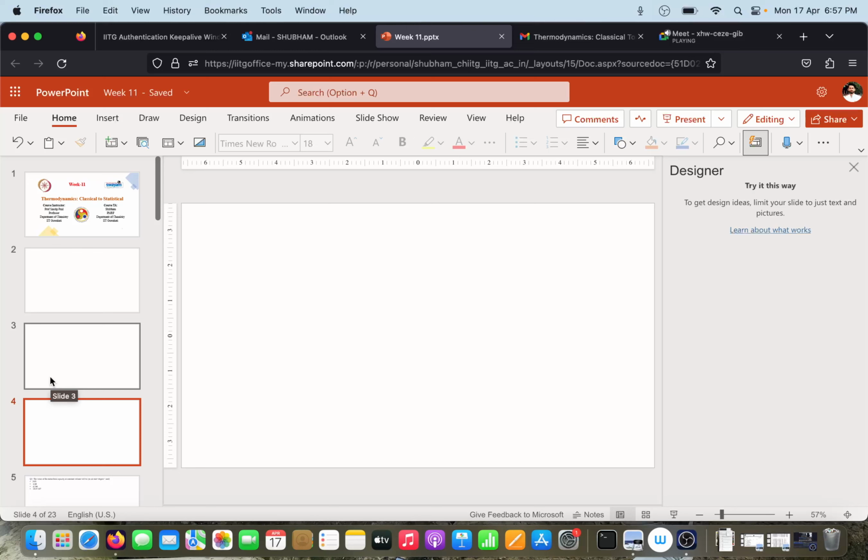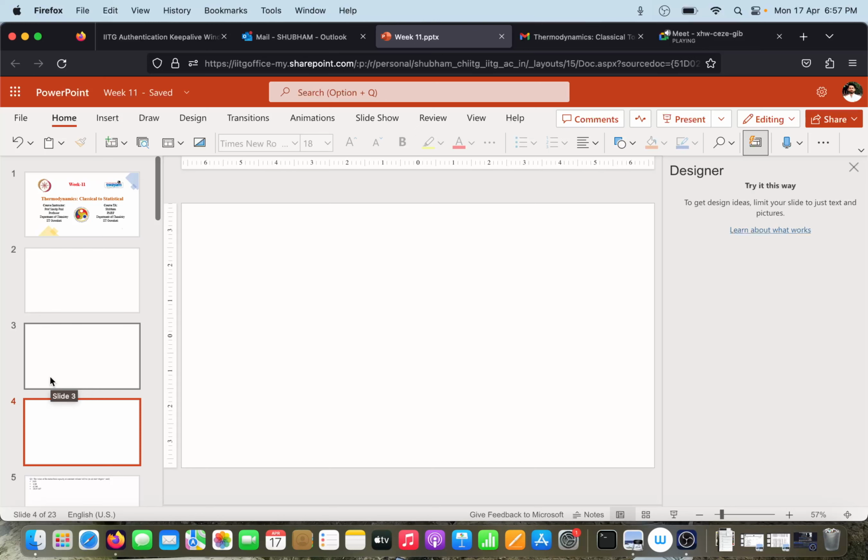This side, this is 6.626 square, that is 43.9 into 10 to the power minus 68, divided by 9.1 into 2, that is 18.2 into 10 to the power minus 31.